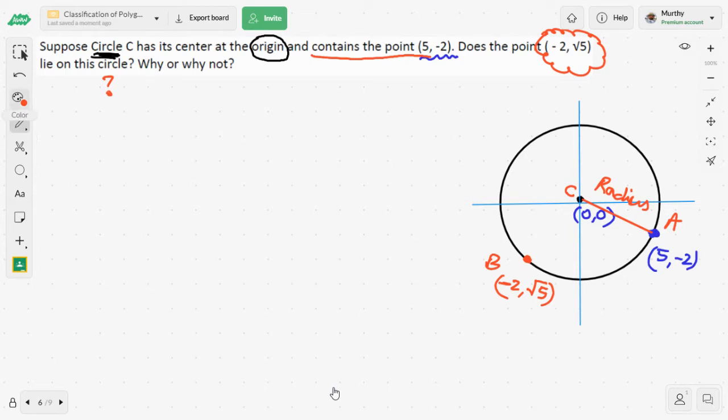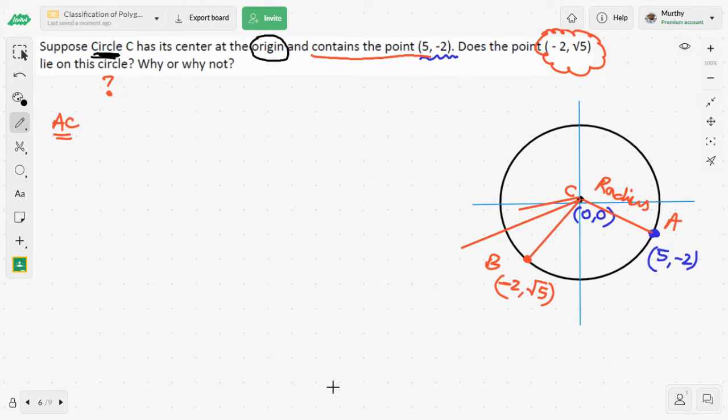Suppose point B, which is negative 2 comma 5, is also lying. I don't know whether it is lying on the circle, or is it outside, or is it inside the circle? Really, I don't know. So let's do one thing. First, find the radius of the circle, which is AC. Let me find the length of AC.